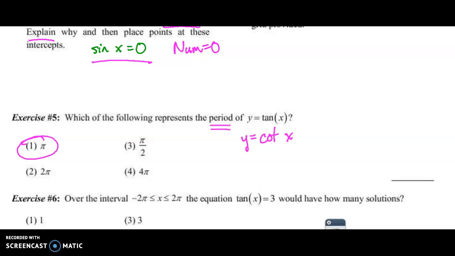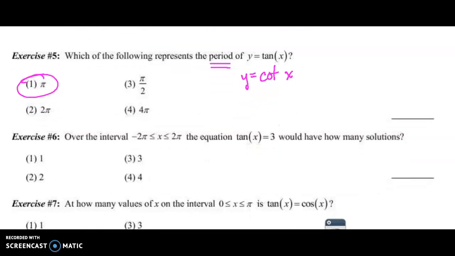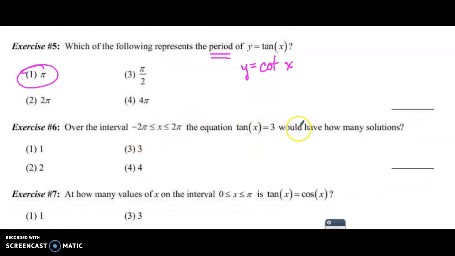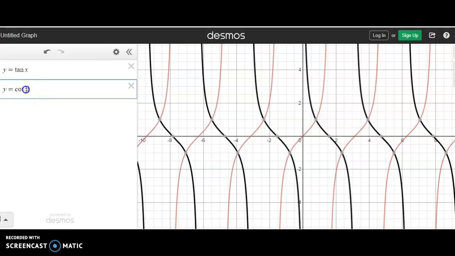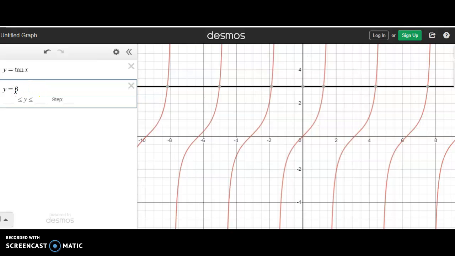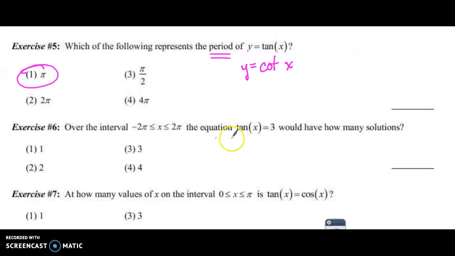So what that means is, as I get to the next exercise, you could use a graphing calculator to do this. Matter of fact, I still have it pulled up from where I left off. I could just hit, second equation would be y equals 3, and as I flip to the other, remember 2 pi is about 6.28, 3.14 times 2, so negative 6.28.